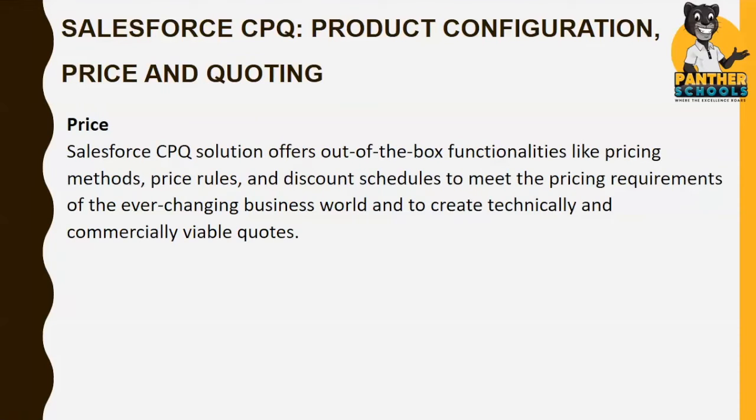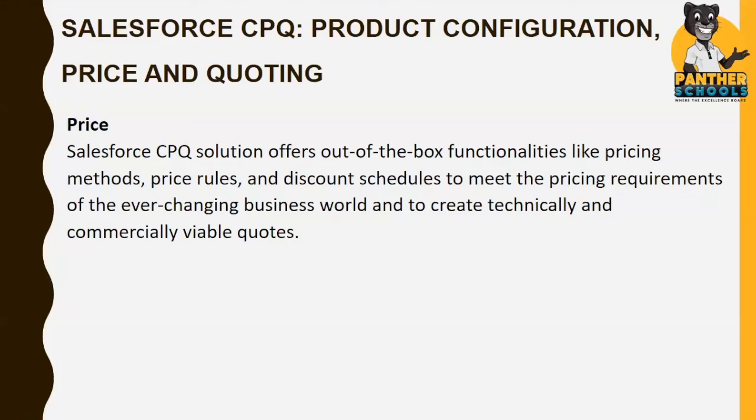Pricing is out-of-the-box functionality in Salesforce CPQ, and it provides various pricing methods, like price rules, product discount schedules, and many more. If you don't want the standard quote calculation, we also have a QCP, the quote calculator plugin.